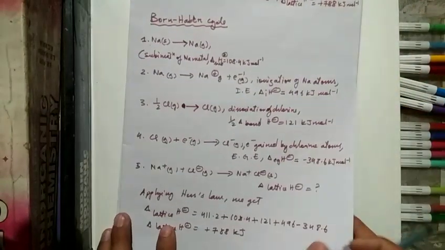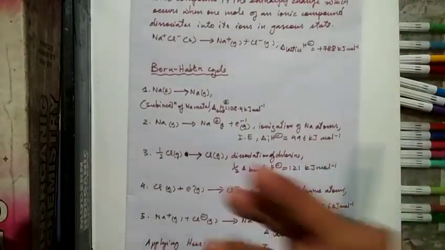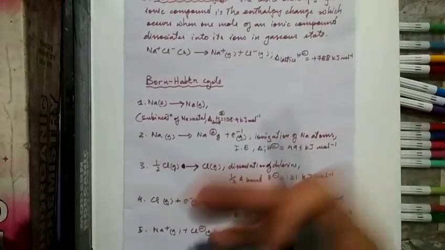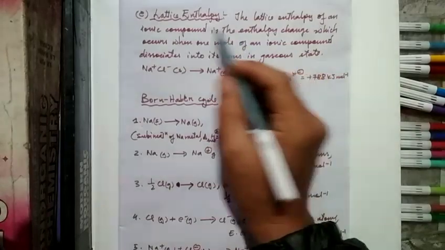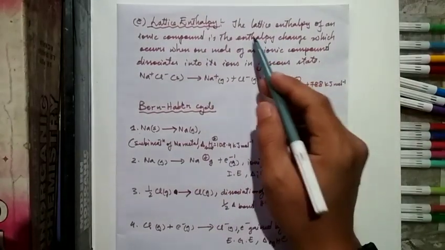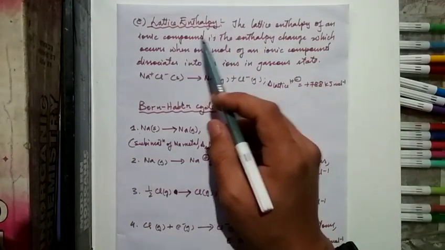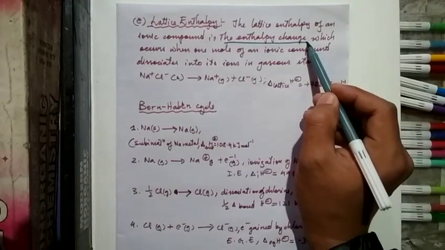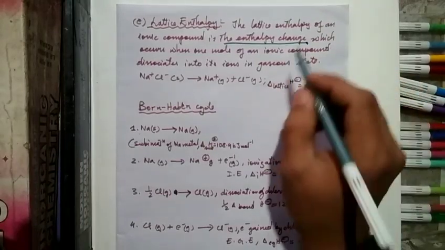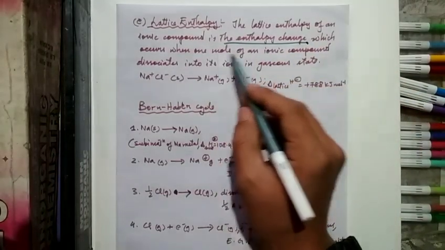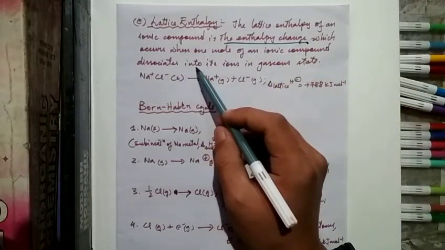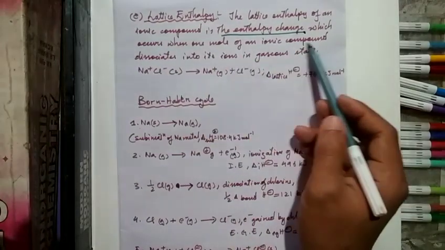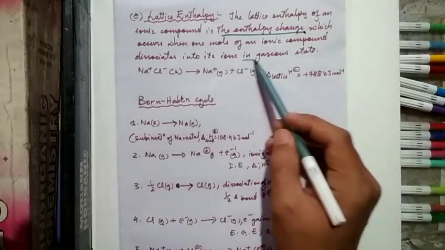Next one, lattice enthalpy. So what is lattice enthalpy? We discuss it here in a more detailed way. The lattice enthalpy of an ionic compound is the enthalpy change which occurs when 1 mole of an ionic compound dissociates into its ions in the gaseous state.